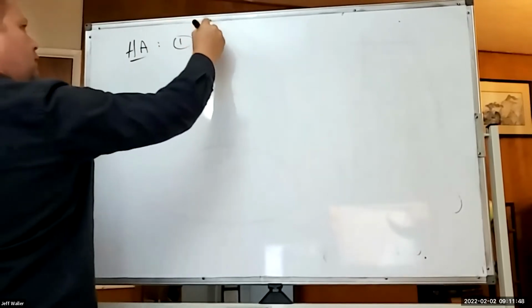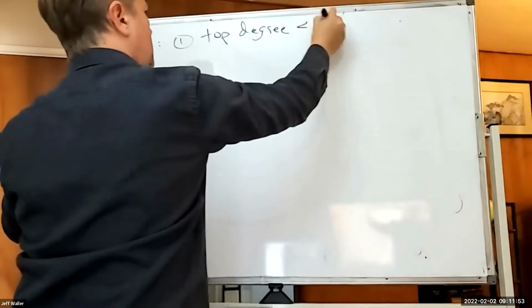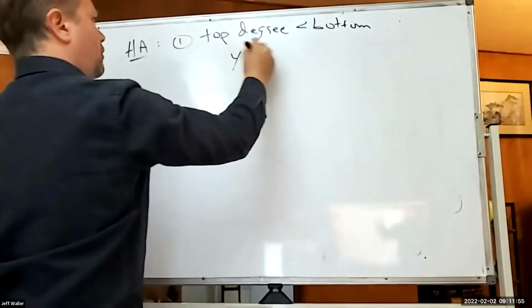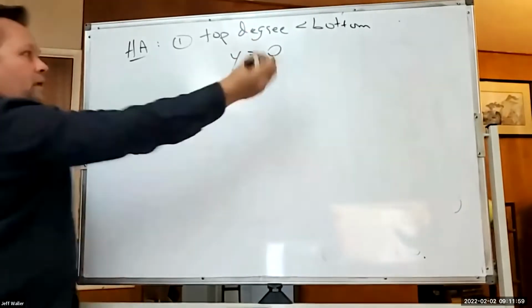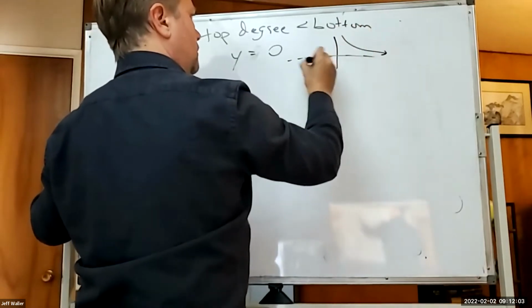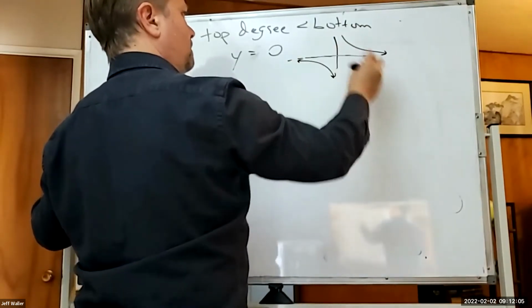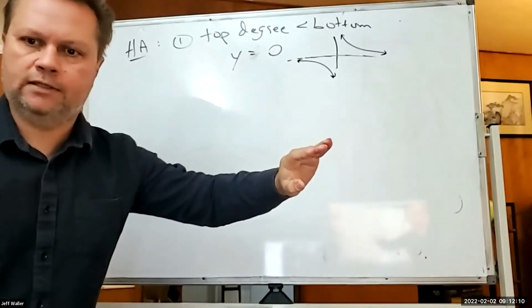If the top degree is smaller than the bottom, you got a horizontal asymptote at 0, meaning the graph might look something like this. That's one example. So that's an asymptote at 0.